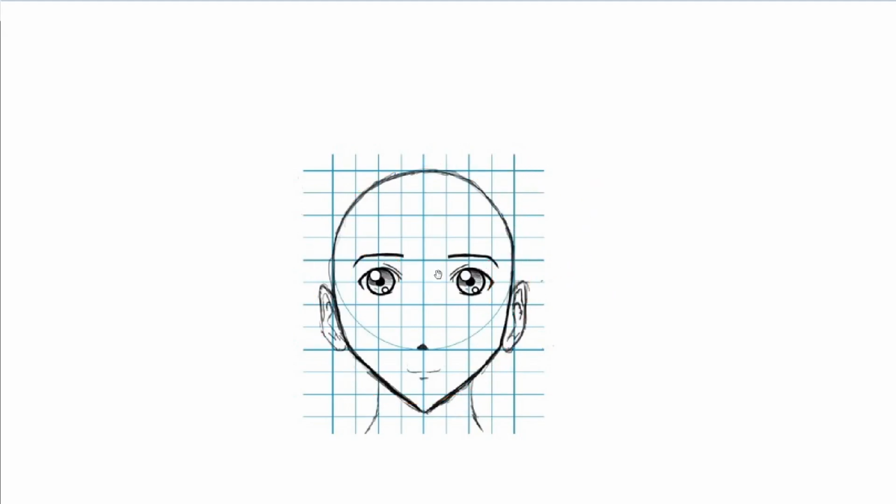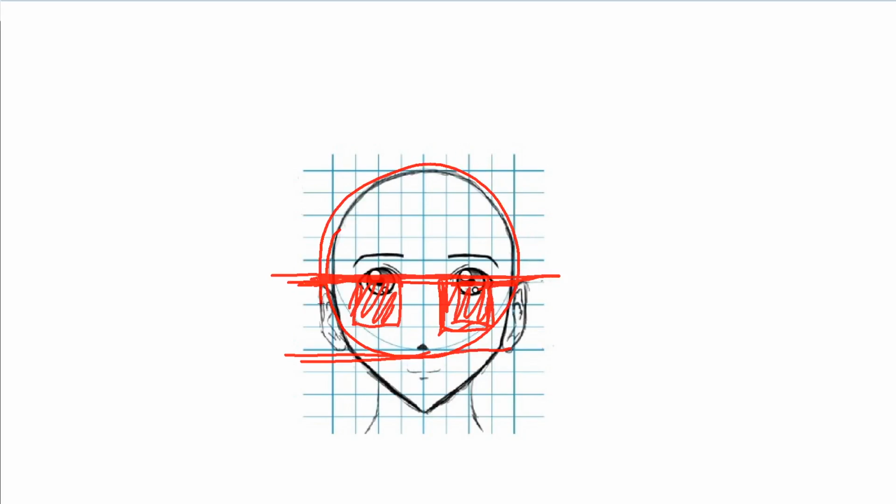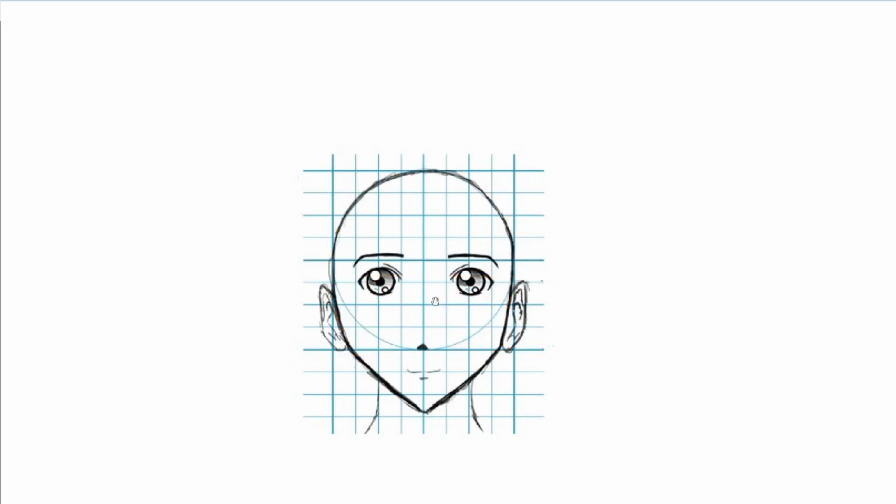Why? Because in the exercise, if you follow the tutorial, the eyes should be here, right? This is where it should be, right? If this is the area of the eyes, it should be below the center of this circle, right? So that is the perfect example.